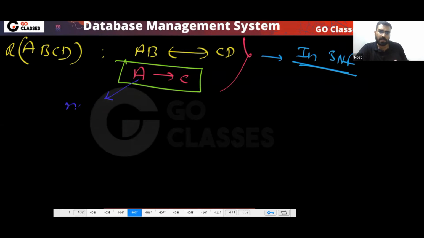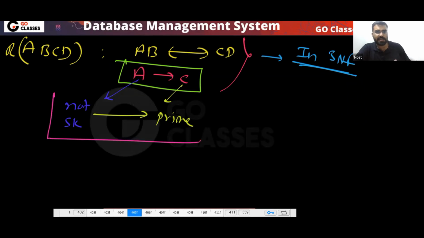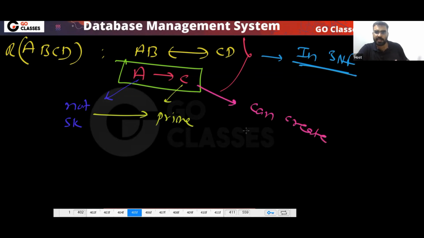This is not a super key, and this is a prime attribute. Not super key generates prime. So there is redundancy. This can create a lot of redundancy.